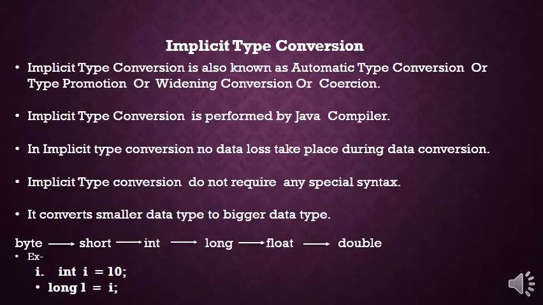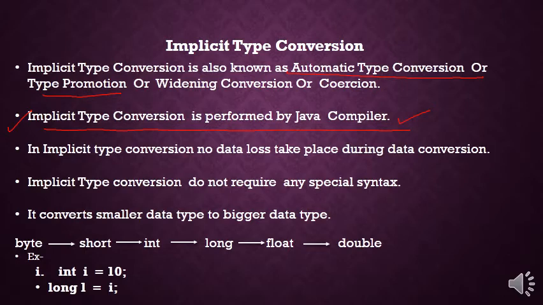Implicit type conversion is also known as automatic type conversion or type promotion. Second, very important, implicit type conversion is performed by the Java compiler, that's why it is known as automatic type conversion.